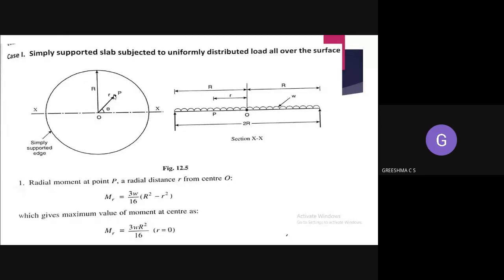This equation you need to learn by heart: Mr is equal to 3W divided by 16 into R square minus r square. You don't need to study the derivation of this. Write down 3W divided by 16 into R square minus r square.